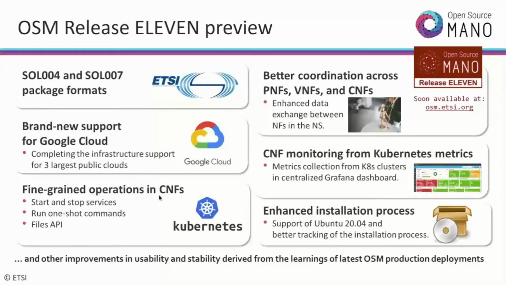Then from the monitoring perspective, we have enhanced metrics for CNF monitoring for CNFs deployed on a Kubernetes cluster. And last but not the least, the OSM community installer now supports the latest Ubuntu 20.04 LTS release and provides better understanding of installation usage and better troubleshooting information.